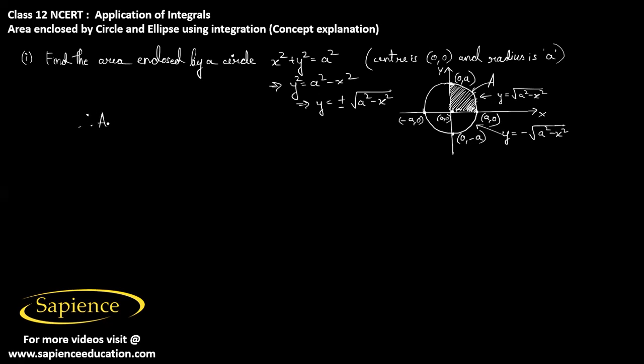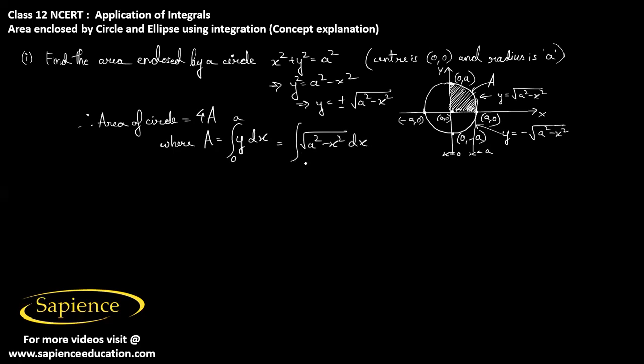So the area enclosed by the circle will be equal to 4A, where A is the area of the quarter circle, which is the integral of y dx, going from x equal to 0 to x equal to a. So this will be the integral of square root of a square minus x square dx, from 0 to a. Then we do 4 times that, and we will get the area of the total circle.